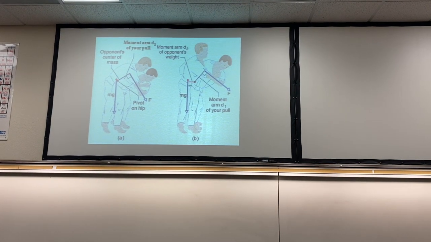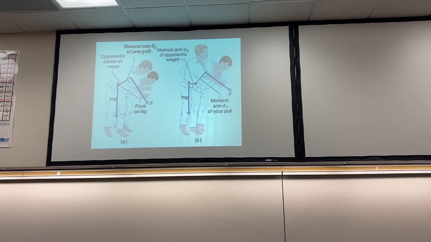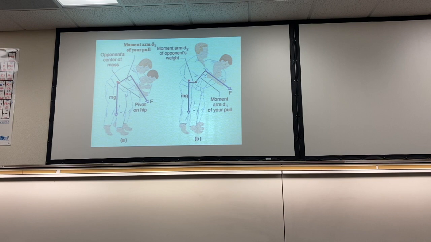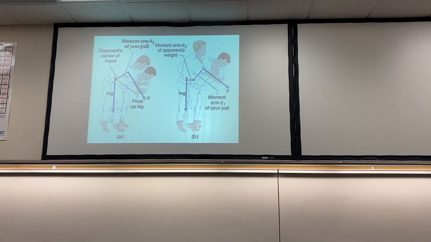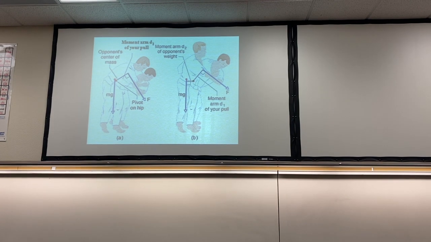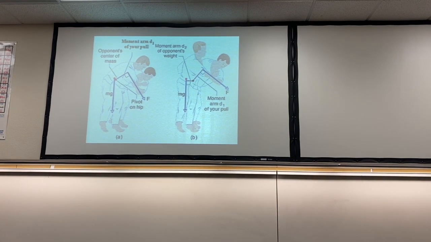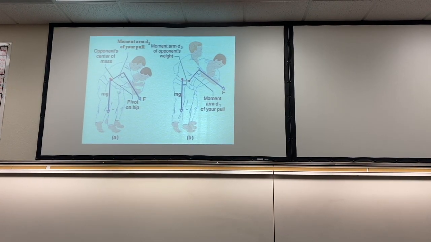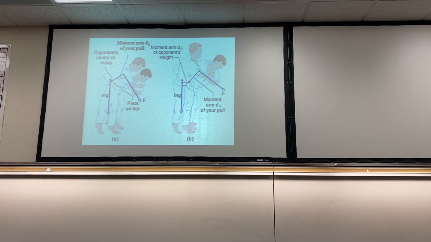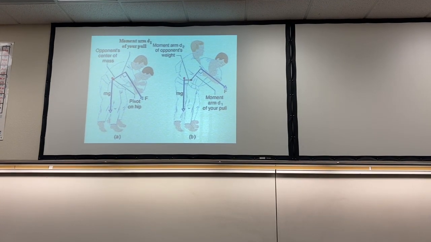We can see that force on the right through that lever arm. What that flipper has done is found the pivot point as close as possible to the opponent's center of mass, so that the opponent's center of mass does not generate a counter-opposing torque. That makes the torque basically just a clockwise torque with almost zero counterclockwise torque.